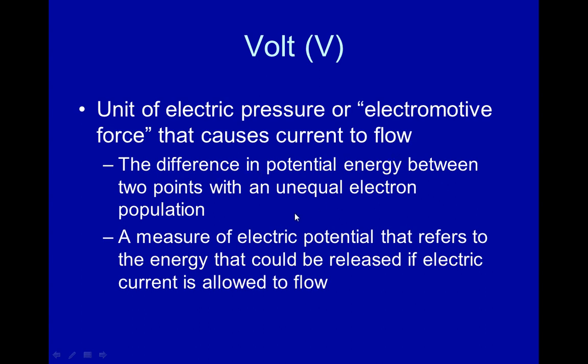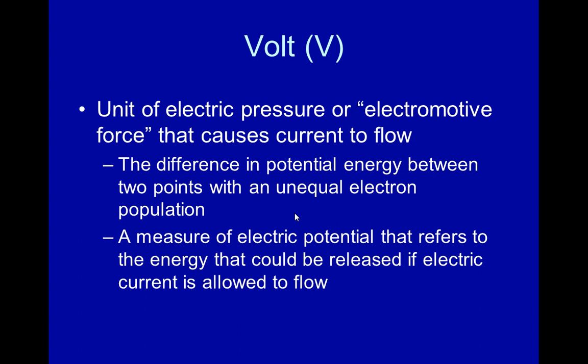And if you think about it in terms of a battery, if you think of that diagram we just looked at, you have a bunch of free electrons on one side that want to move to the other side. So you have this built-up tension or force or voltage that is quantifiable, and that's the concept behind the volt.